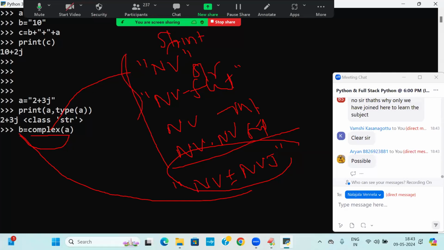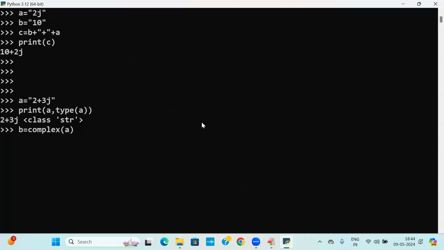So these are normal, already done. Now what I am going to take up is a numerical value plus a numerical value with a j symbol, which can be converted. With other symbols like i, x or y, it is not going to convert. Why? CPython contains the standard symbol j only. So it is possible. See, print of this B, 2 plus 3j.